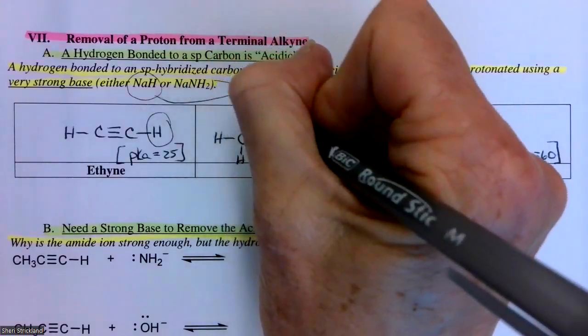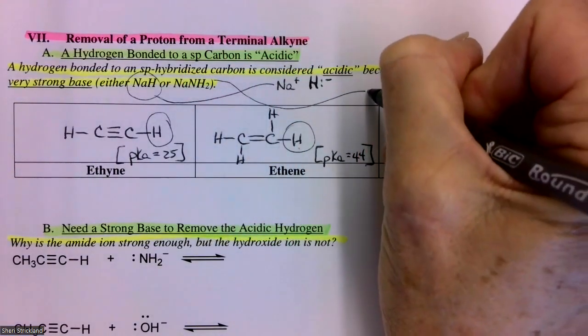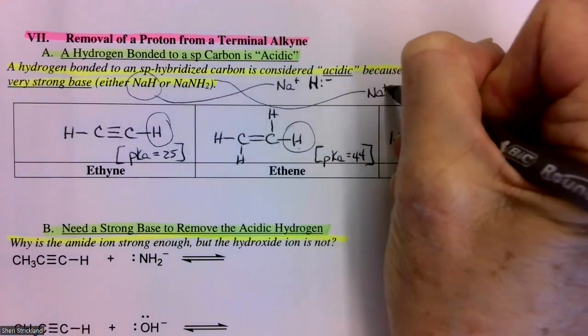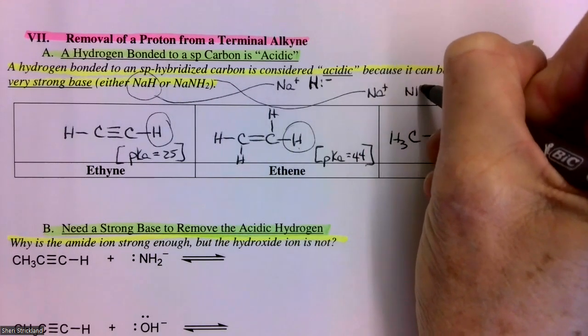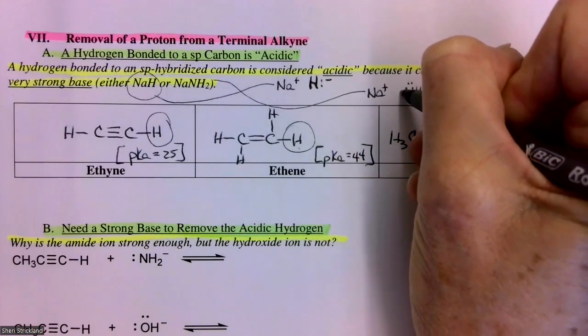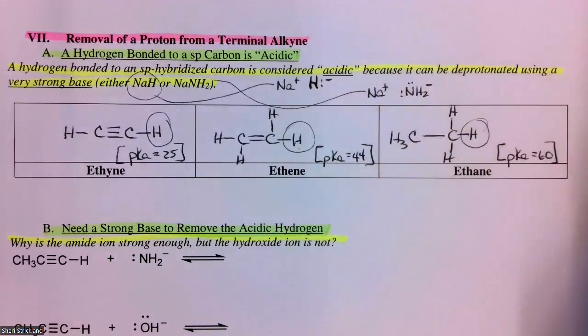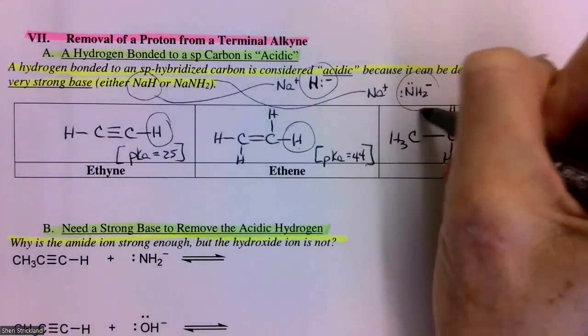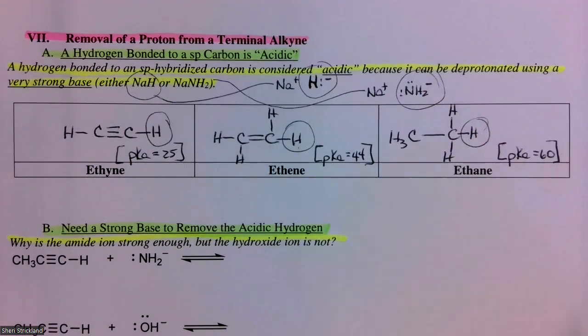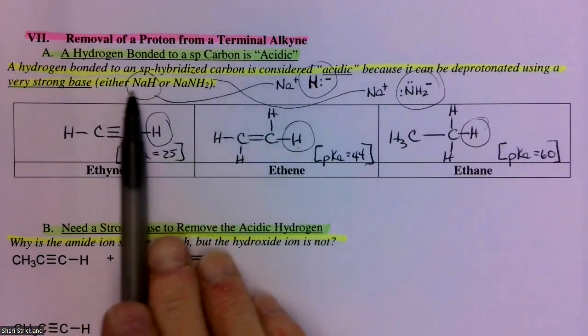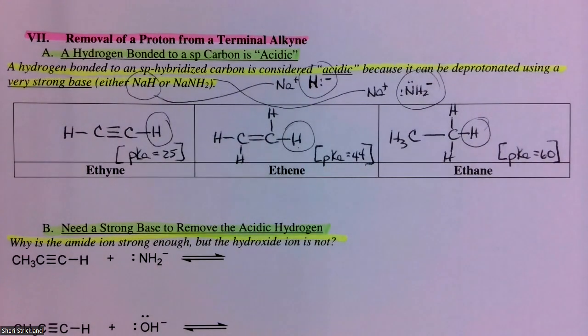And for sodium hydride, it would be those. And then for sodium amide, it would be these. And both of them are super strong bases, the hydride ion and the amide ion. And they come packaged in these sodium salts.